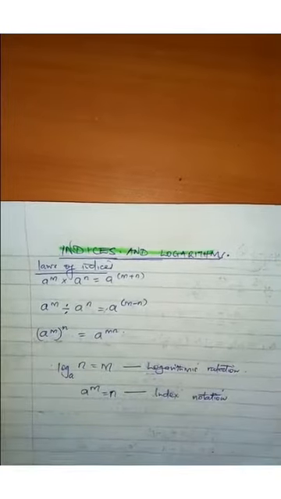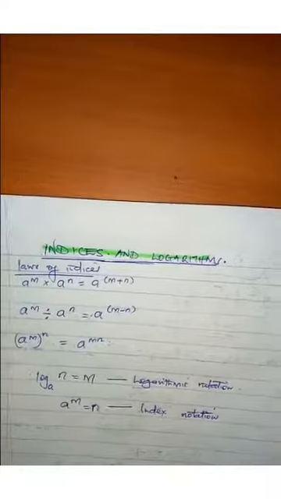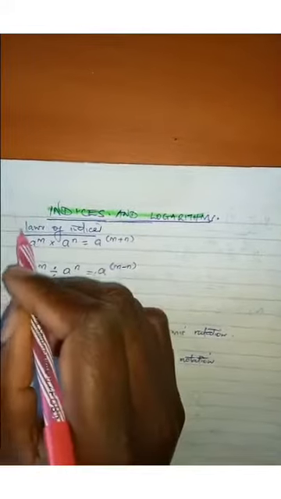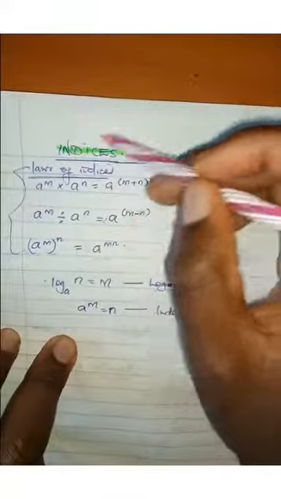And today I want us to look at different questions on this topic. So first of all, before we start, I need us to look at the rules of indices. There are different methods of how you can solve indices questions.